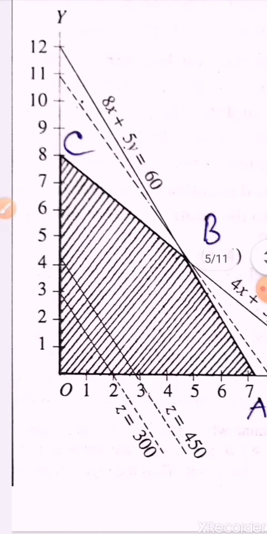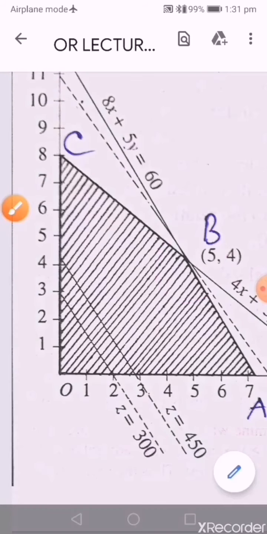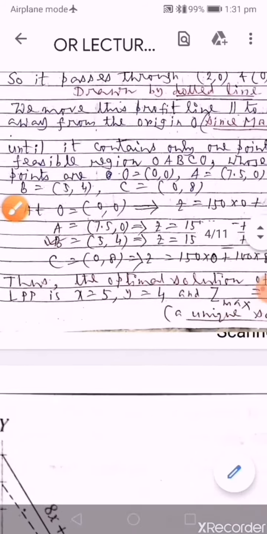If we put one by one such point in the objective function, definitely we will see that the point 5,4 will maximize the objective function, as it is clearly seen here.